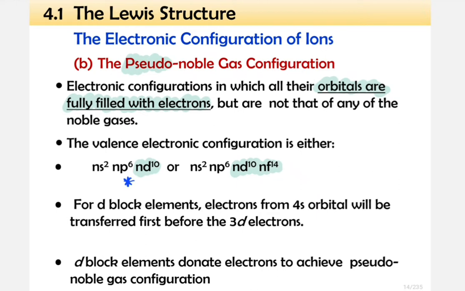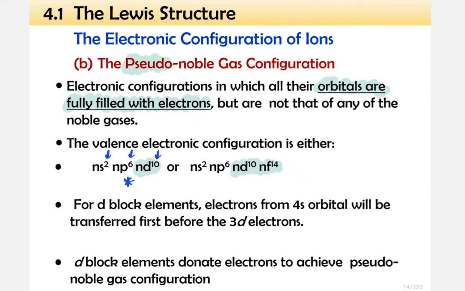Jadi paling senang nak faham untuk pseudo-noble gas configuration, ions yang ada electronic configuration yang semua orbital dia penuh dengan elektron. So boleh nampak s, 2 electrons, p 6 electrons and d 10 electrons.